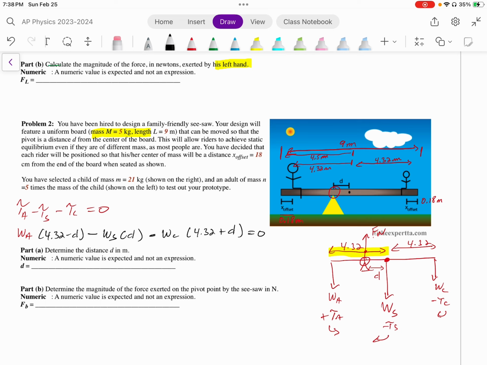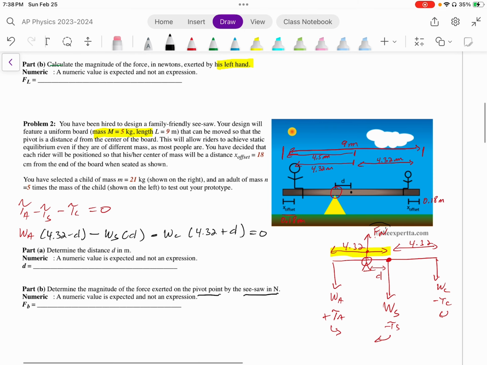It's kind of an algebra-heavy problem, but take your time. Determine the magnitude of the force exerted on the pivot point by the seesaw. This force normal right here is the force from the pivot on the seesaw. They're asking for the one that the seesaw is putting on the pivot. Well, they're equal in magnitude, opposite in direction.